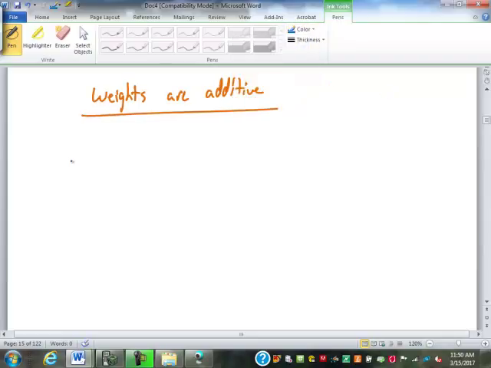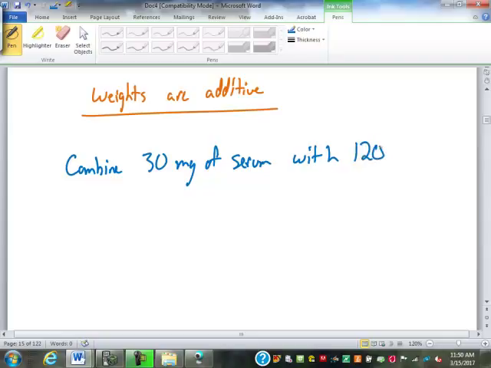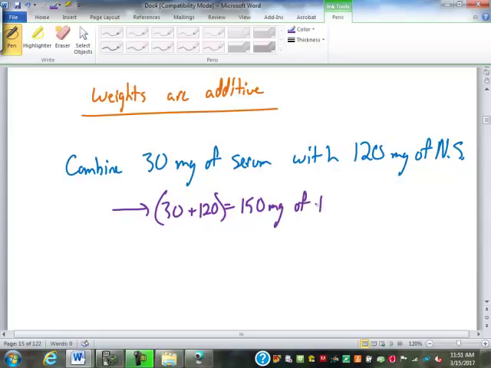Well, if we combine 30 milligrams of serum of a medication with 120 milligrams of saline, it will create 30 plus 120 or 150 milligrams of total solution.